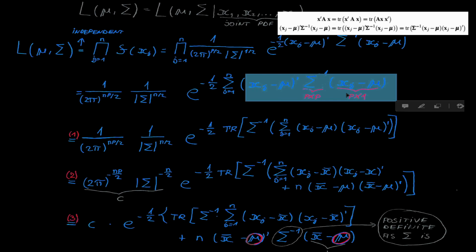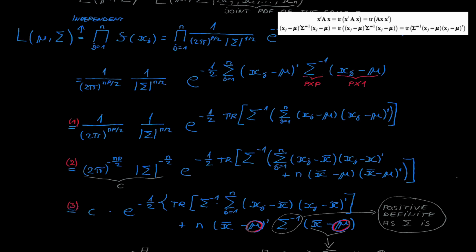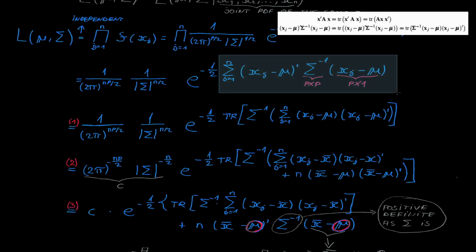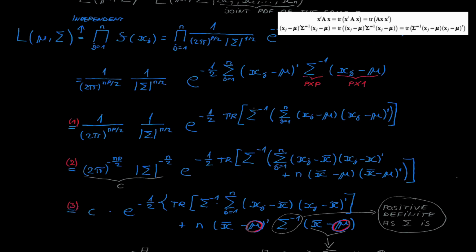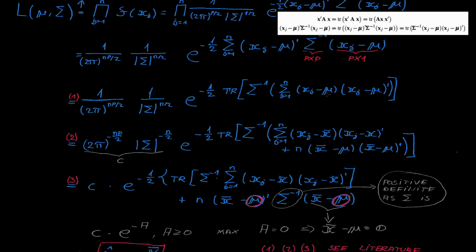Just imagine for a second. So this is a number. We know that that number, x transpose A x, is equal to the trace of this matrix, which is obvious as it is a 1 times 1 matrix. So that number is going to be equal to the trace of that matrix.